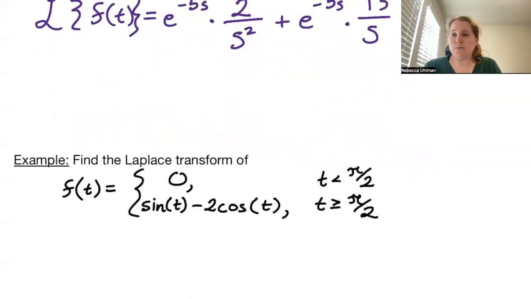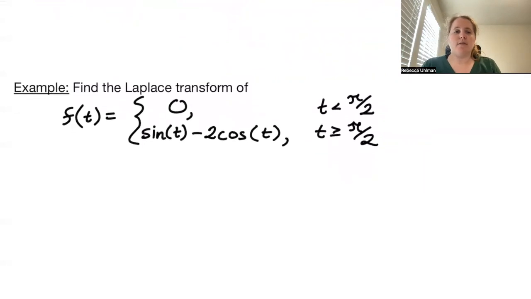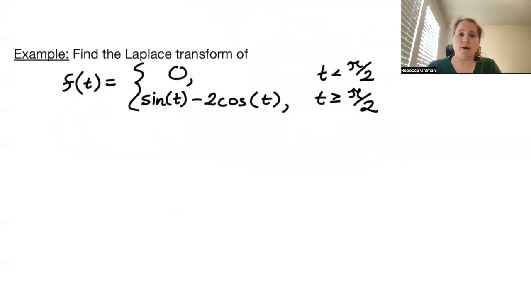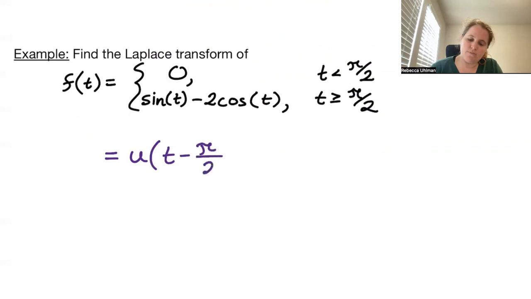Let's go ahead and do one more example. Let's find the Laplace transform of f of t equals 0 for t less than pi over 2, and sine of t minus 2 cosine of t for t greater than or equal to pi over 2. So once again, f of t is the step function u of t minus pi over 2 times sine of t minus 2 cosine t.